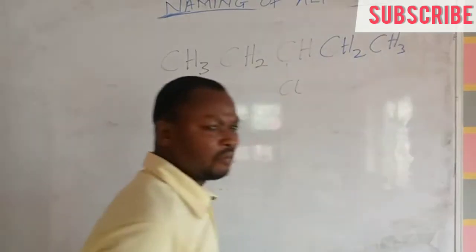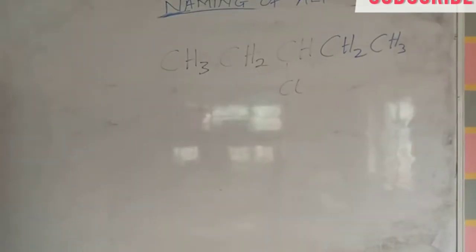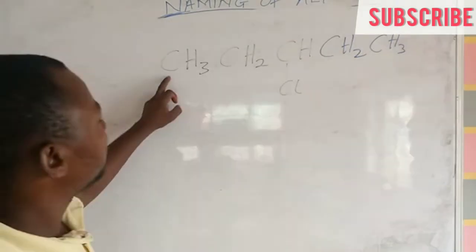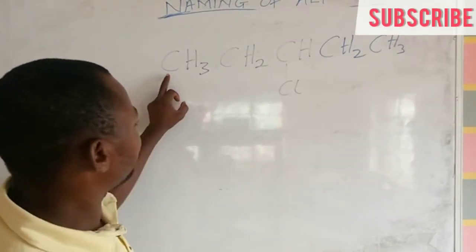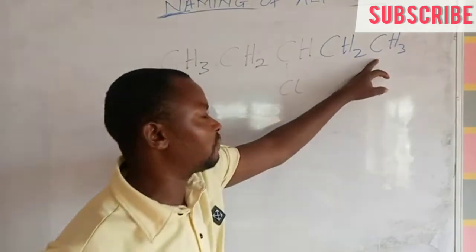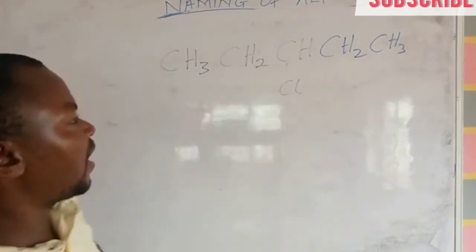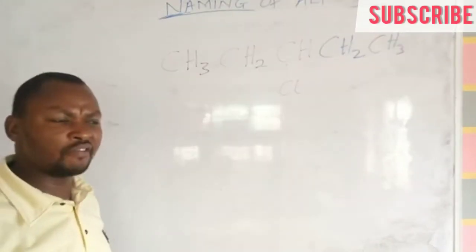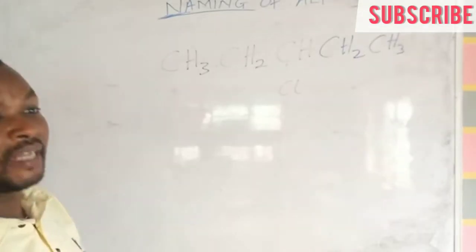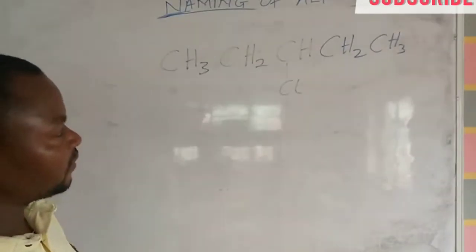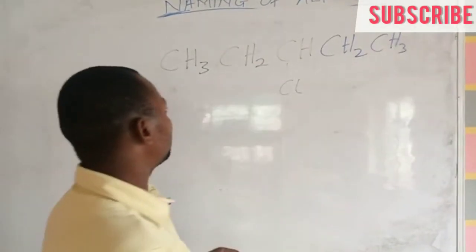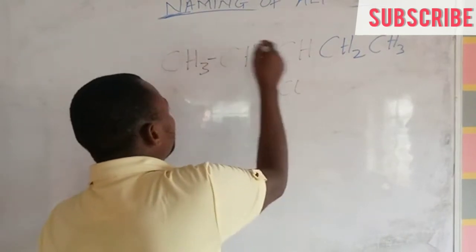So if you want to name it by IUPAC, we count the number of carbon: 1, 2, 3, 4, 5. The number of carbon here is 5. Then we say we are having pent, or pentane. So you can see in between we have a single bond.